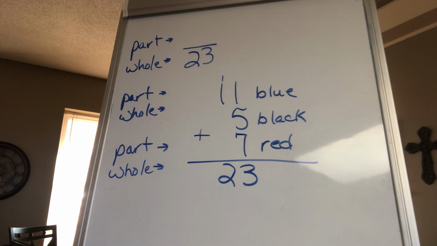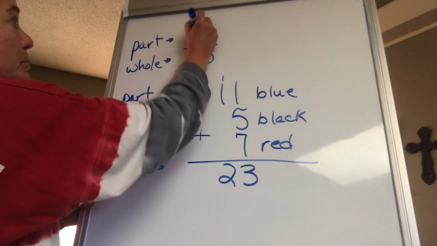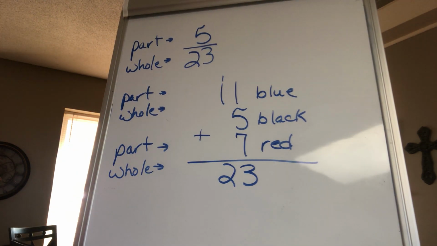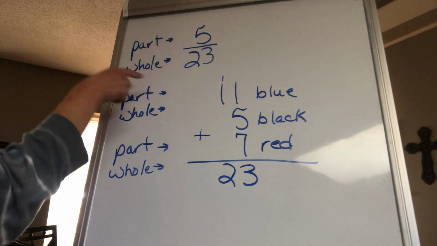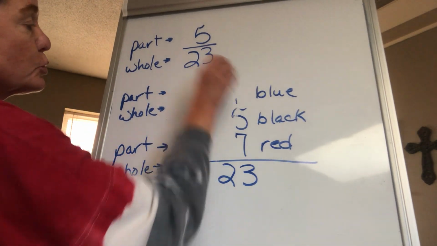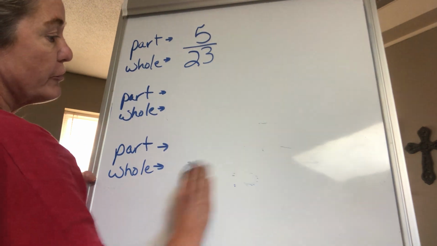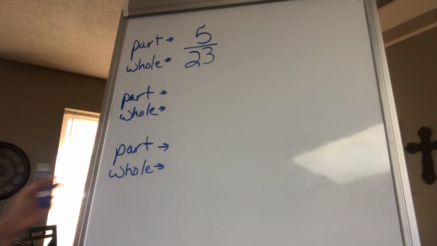And then the question asked how many black ones could be found. Well, when we wrote this down, that tells us right there, doesn't it? It was 5 black ones. So 5, the part that was black ones, was 5 out of 23. So 5/23 were black.